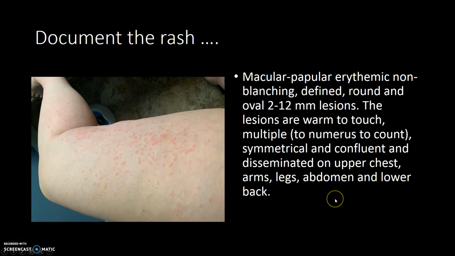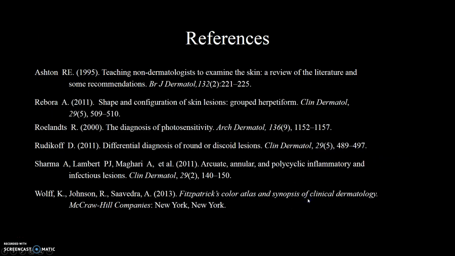So let's write it: macular-papular, erythemic, non-blanching, defined, round and oval, 2 to 12 millimeter lesions. The lesions are warm to touch, multiple, too numerous to count, symmetrical and confluent, disseminated on the upper chest, arms, legs, abdomen, and lower back.